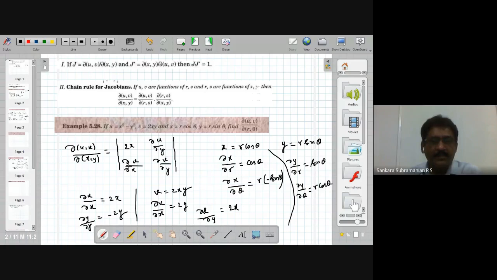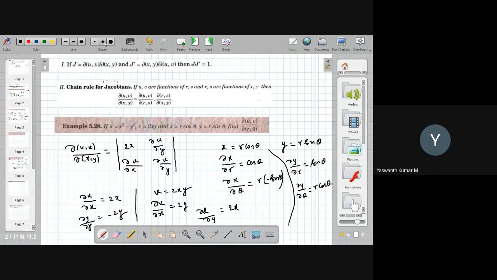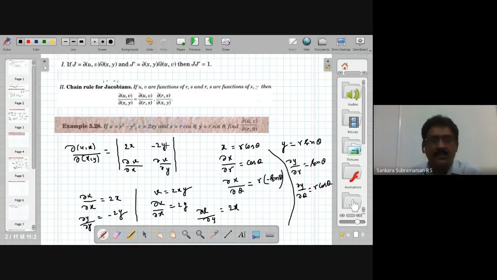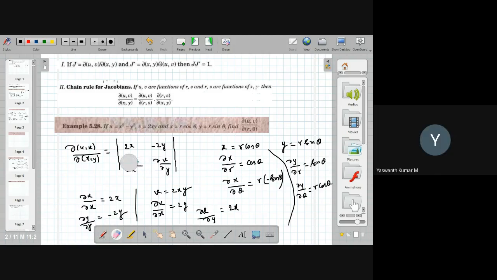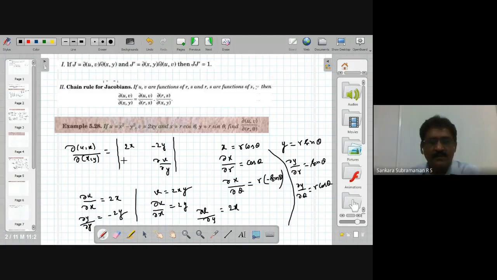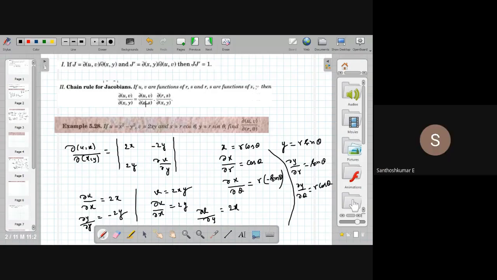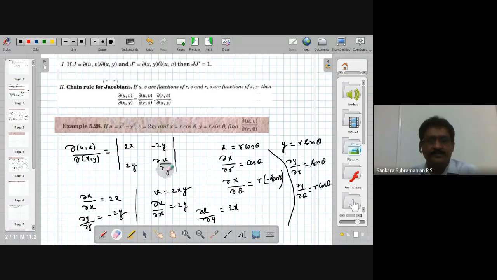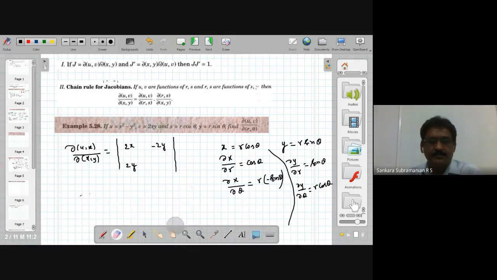For ∂u/∂y, you get minus 2y. ∂v/∂x is 2y, and ∂v/∂y is 2x.